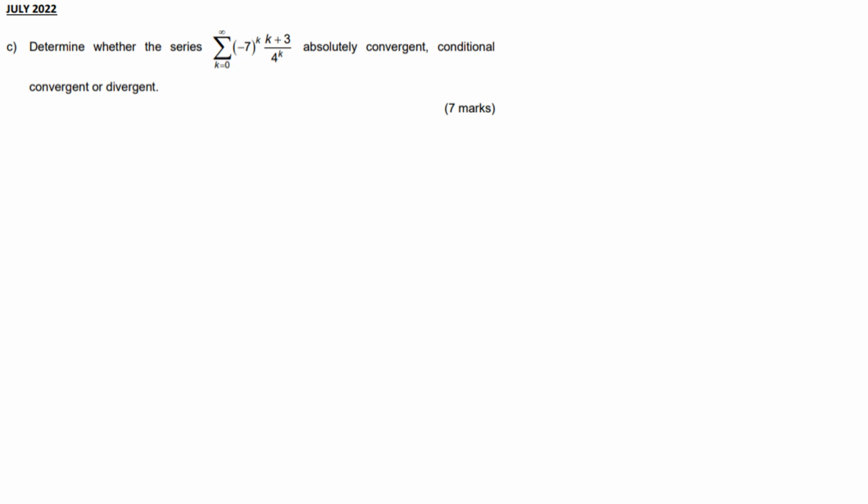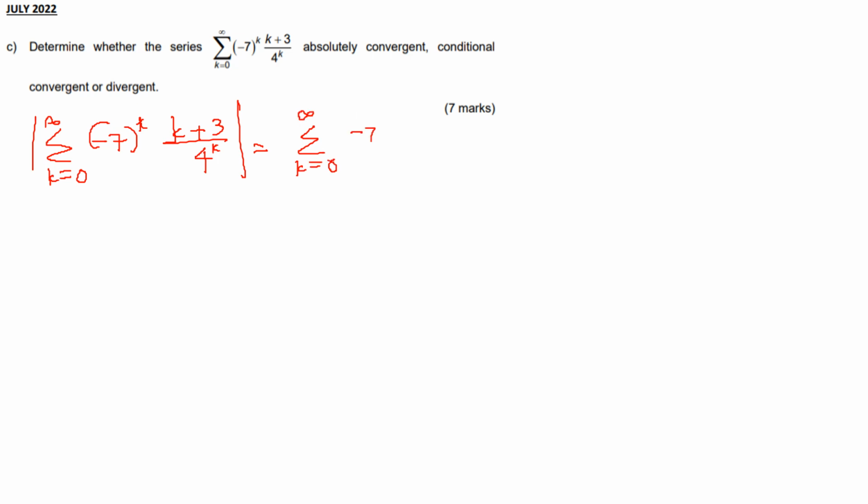So the first step that you need to do is take the absolute value of the series. Sum from k equals 0 to infinity of (negative 7) to the power of k, and then the function is (k plus 3) over 4k. After you take the absolute value of this function, you will get the series from k equals 0 to infinity, negative, is it negative? No, there's no negative since we already took the absolute value of the function.